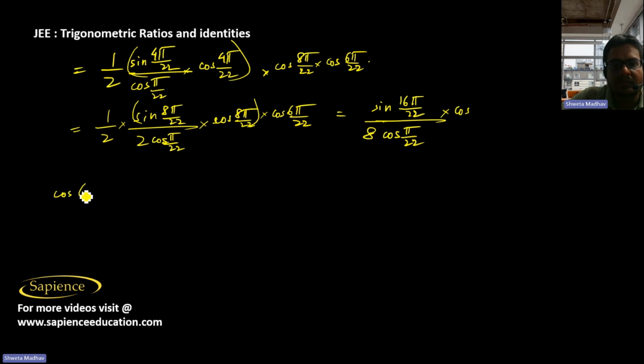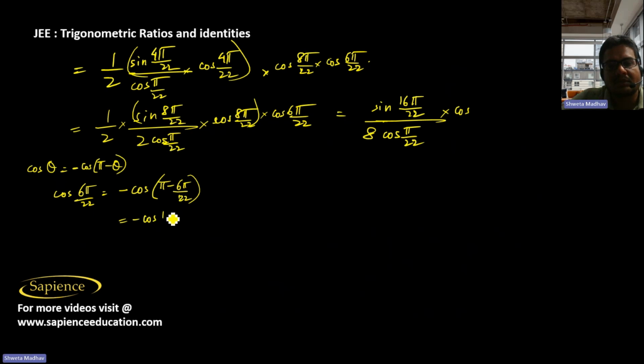Now cos 6 pi by 22 can be also written as minus cos pi minus theta, since cos pi minus theta is minus cos theta. So minus of that can be written as cos theta. So minus of cos of pi minus 6 pi by 22, that is 22 pi minus 6 pi, that is 16 pi by 22.